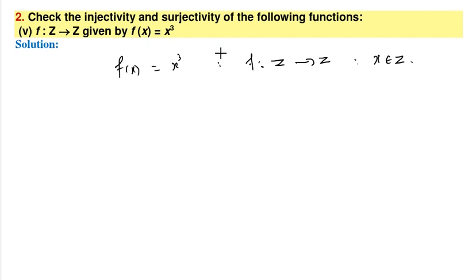For one-to-one function, two equal images should have equal pre-images. We have to show that.